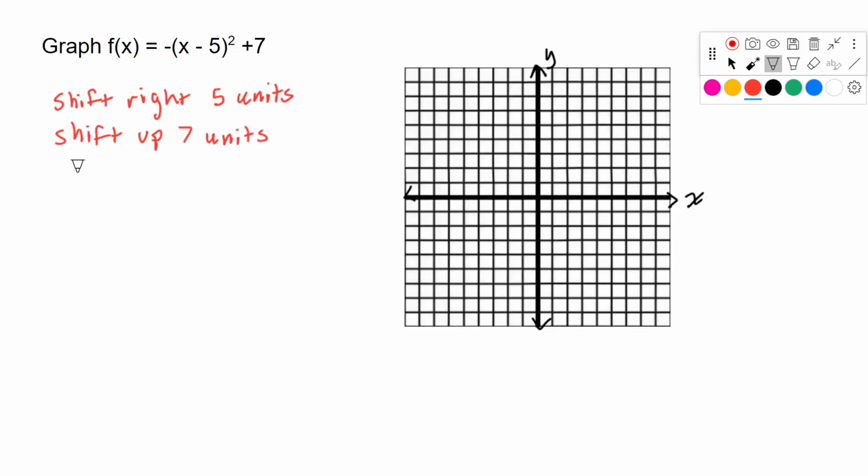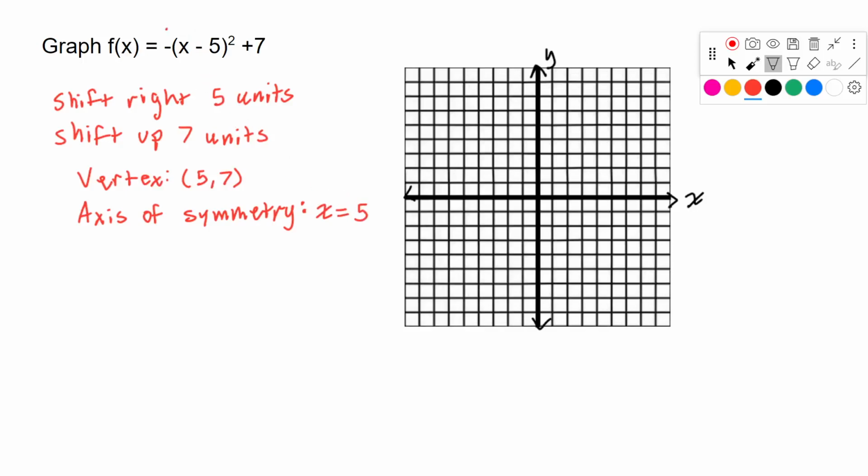That means our vertex will be 5, 7. Our line of symmetry or axis of symmetry will be x equals 5.